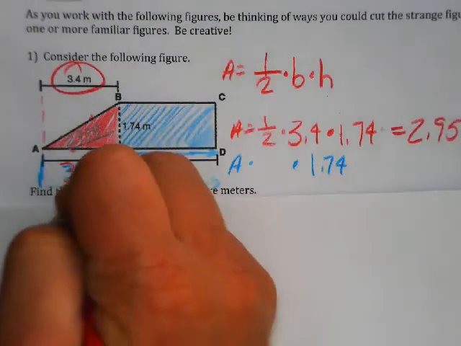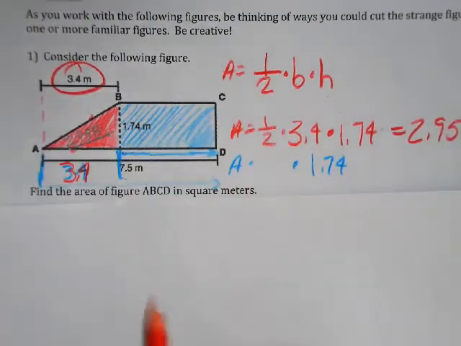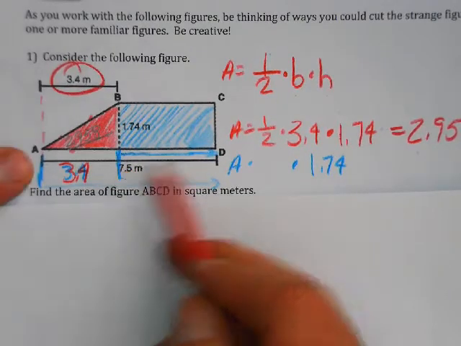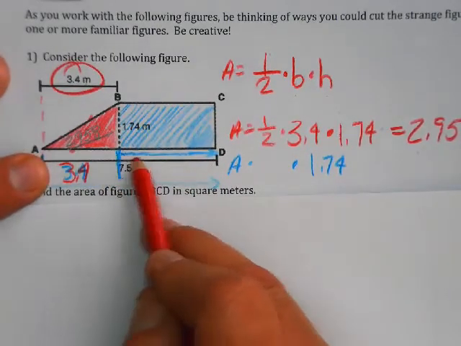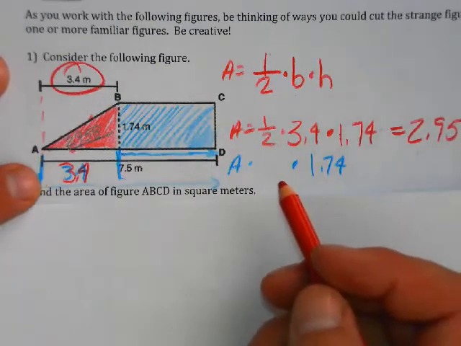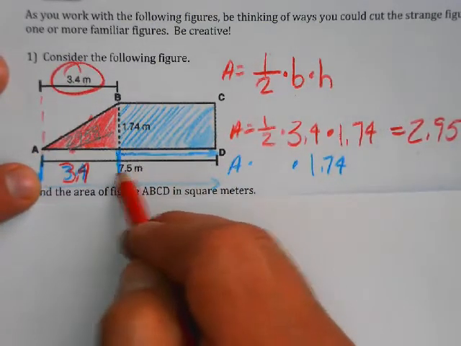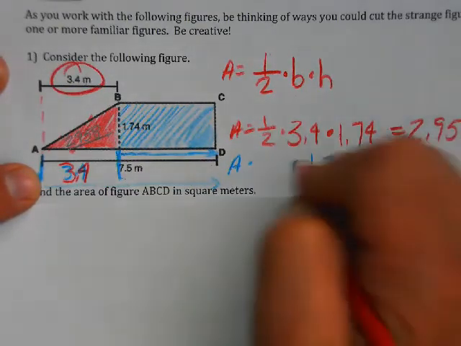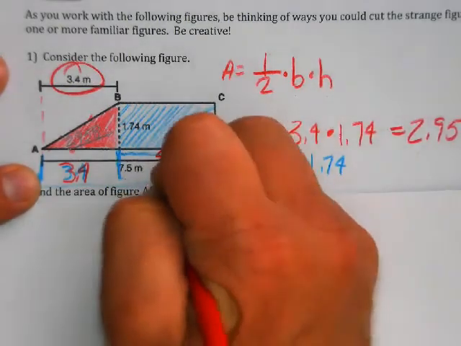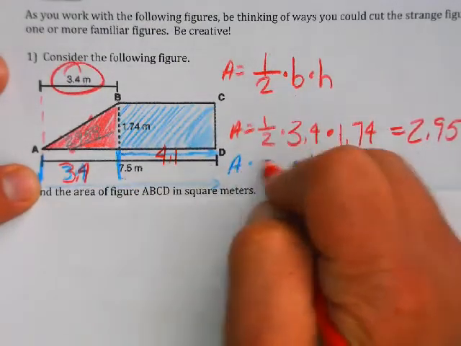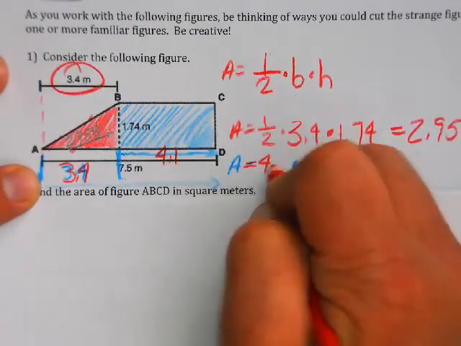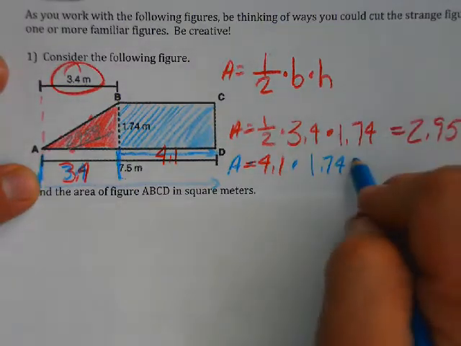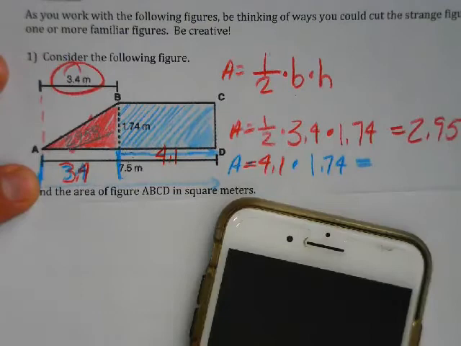We're going to figure out the base. We know the height is 1.74. So how do I know, if from here to here is 3.4, and we know from here all the way to the end is 7.5? How would I figure out how far it is from here just to here? The blue area. We know the red plus the blue is 7.5, so what would just this blue area be?